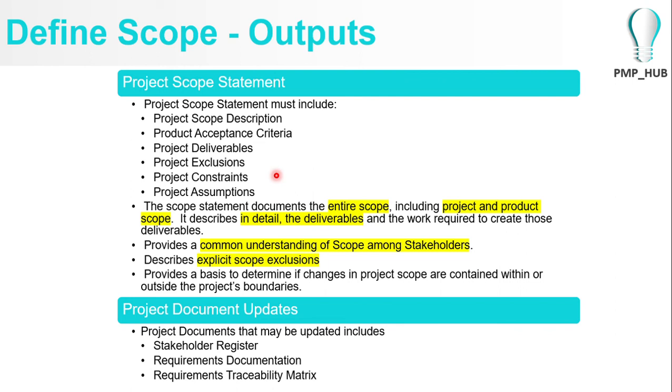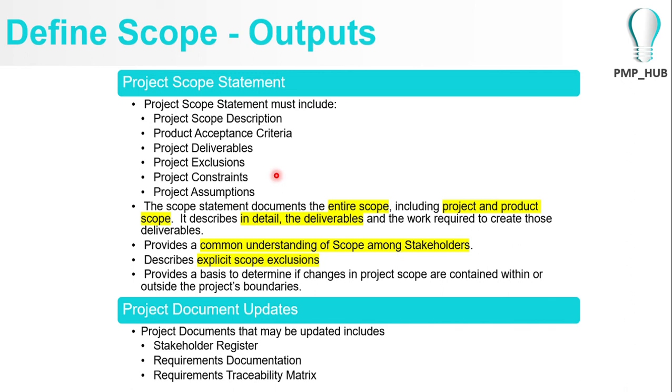Sometimes, obviously, many assumptions will be there in the project, in the scoping. So you try to get the customer to agree on the assumptions in the project. The scope statement, for which we get the customer signature or consent, provides a common understanding of the scope among the stakeholders.